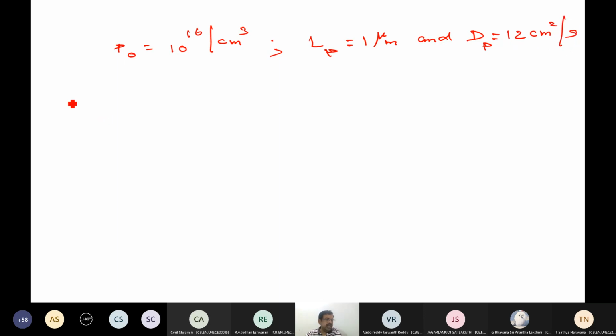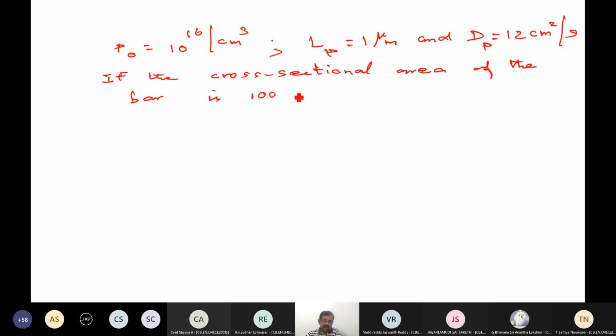If the cross sectional area of the bar is 100 micron square, find IP, the value of the diffusion current itself. That's what is asked.